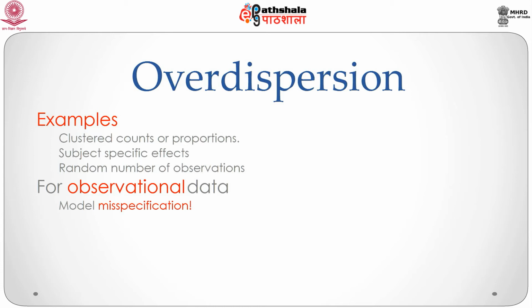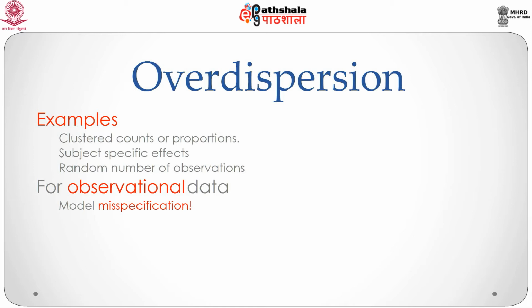Overdispersion can also arise when we have subject-specific effects. This means, say for example, we are observing a count, and instead of having a situation where the rate parameter for the count is similar for all individuals, we have a situation where each individual can be assumed to have his own rate, which is not fully explained by the measured covariates, and that these rates also have another distribution across the population.